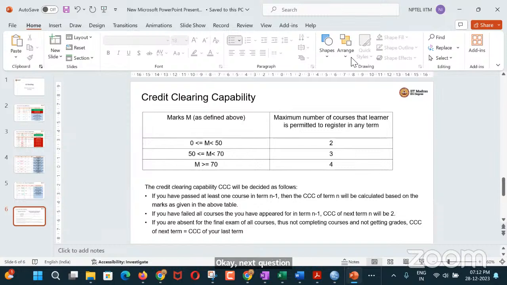Okay, let me see who has. Nitin, 1 second. Nitin. Yes, sir. I'm asking, if I am absent in the end term exam, do I have to register for only the end term exam? Yeah, that's correct. When you register for the courses, you can take up the end term alone in the next term.